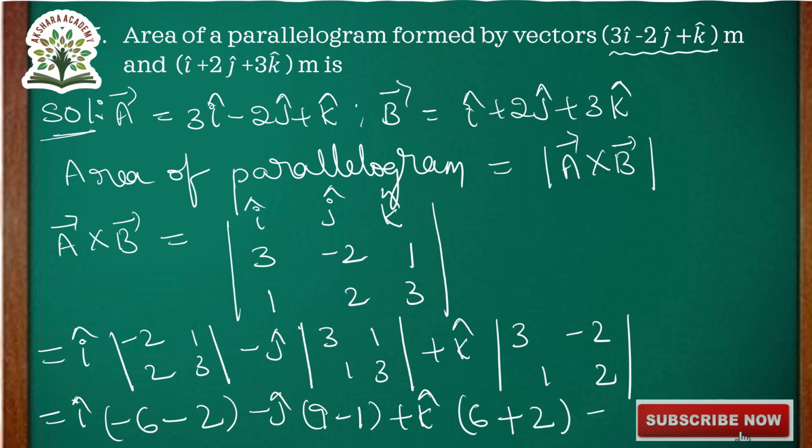So that is equal to, we are getting minus 8i, here 9 minus 1, 8, minus 8j cap plus again here 6 plus 2, 8k cap. Next we are writing a bar cross b bar is equal to minus 8i cap minus 8j cap plus 8k cap.